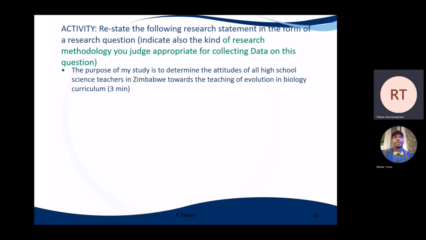So the statement reads, the purpose of my study is to determine the attitudes of all high school science teachers in Zimbabwe towards the teaching of evolution in biology curriculum.